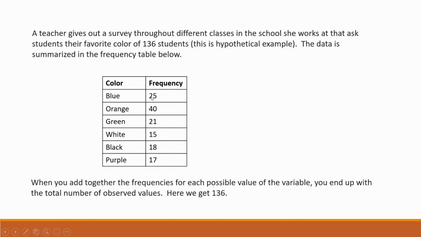So 25 students had their favorite color blue, 40 said orange was their favorite color, 21 said green, and so on. So we have this kind of table, a frequency table. If you were to add up these numbers, you would get 136, which is the total number of students who responded. That's just something you should get. That's good. But this is what a frequency table is.